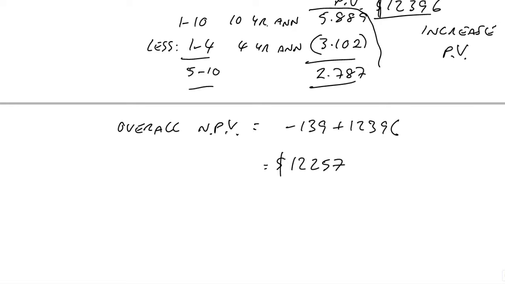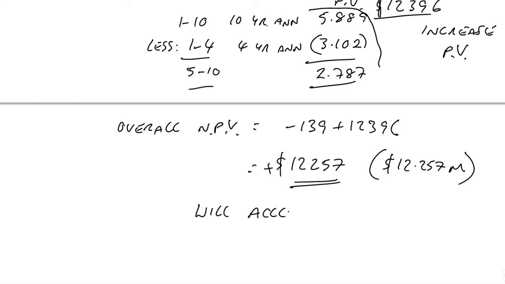Although do remember these were all in thousands, so it's actually 12.257 million. And of course, to fully answer the question, comment on the acceptability. Well, if it was only going to last 4 years, obviously we wouldn't do it. But since overall it's positive, we will accept the project.